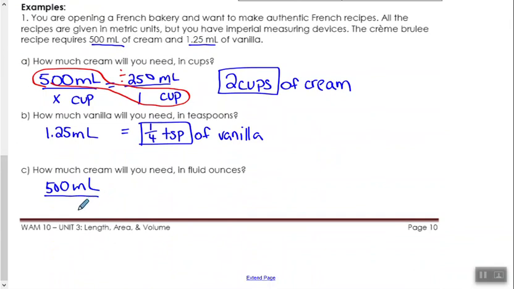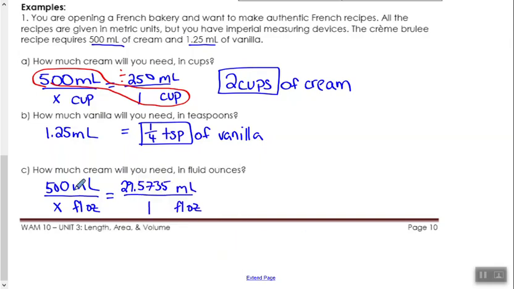So setting up my conversion, I can go directly from milliliters to fluid ounces. So milliliters, fluid ounces, and 1 fluid ounce is 29.5735 milliliters.